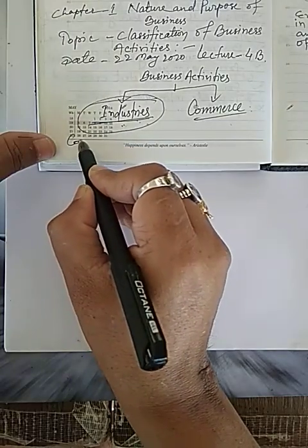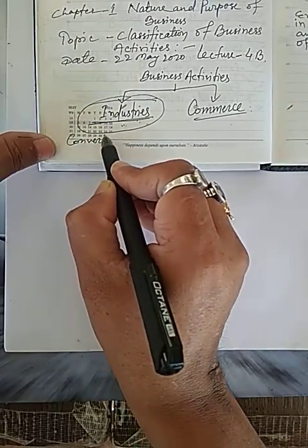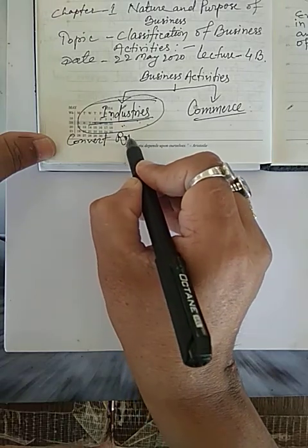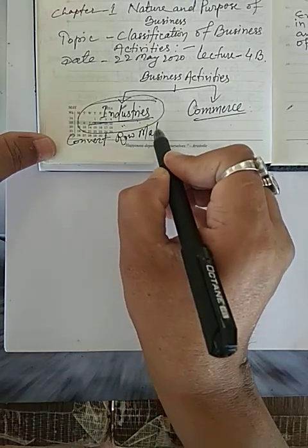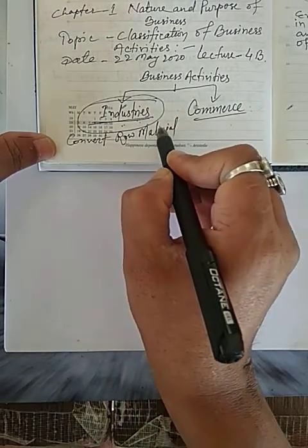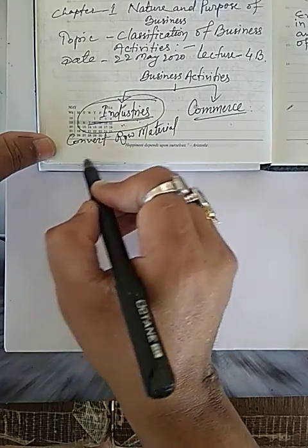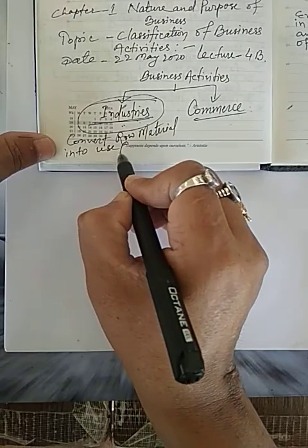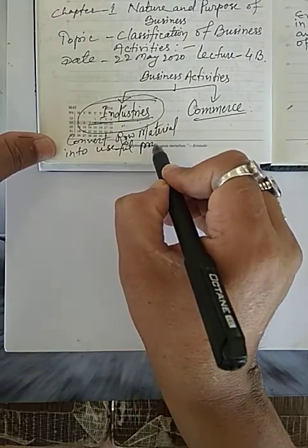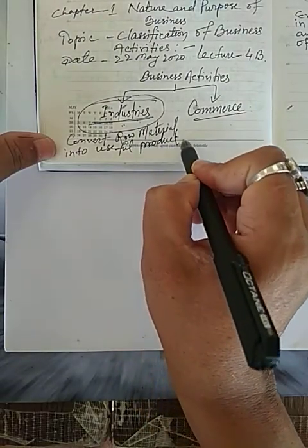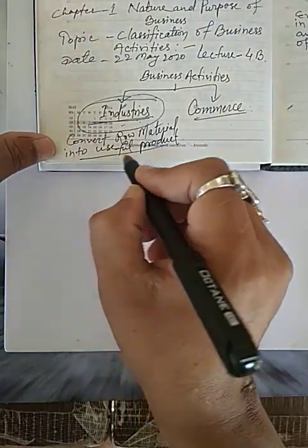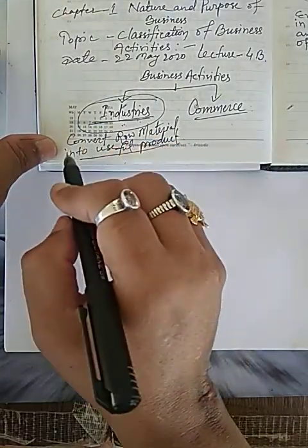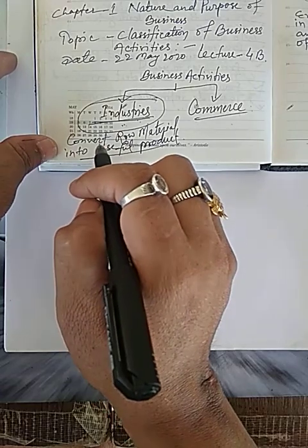Industry converts raw material into a useful product. This is the definition of industry.